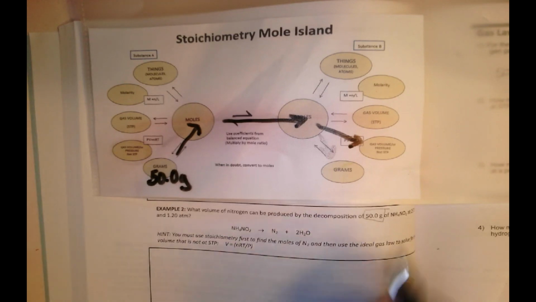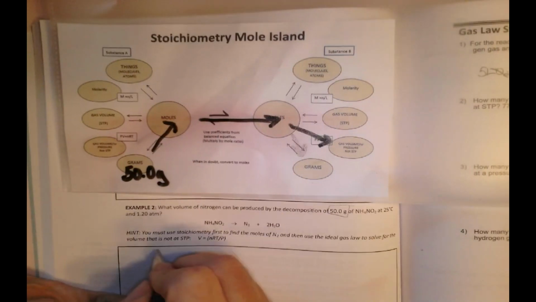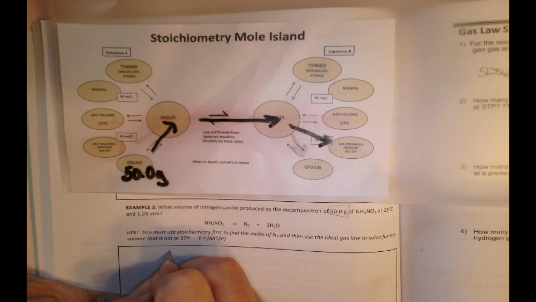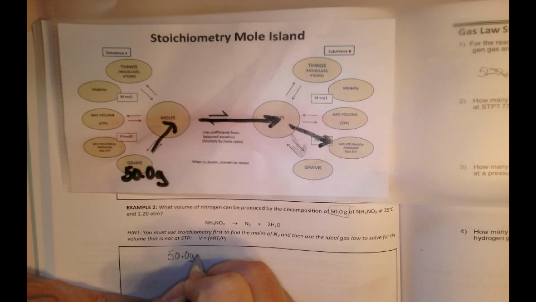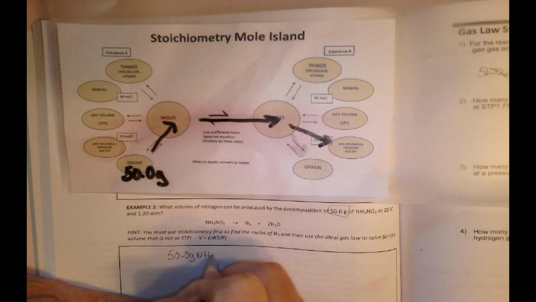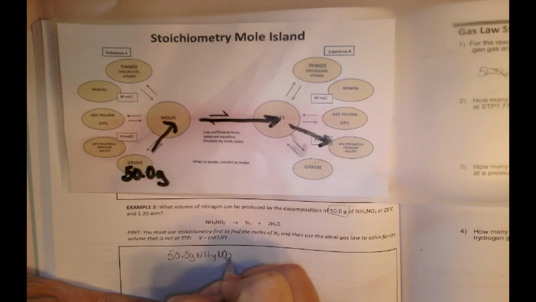Okay, so I am given 50.0 grams of ammonium nitrite, NH4NO2, okay?